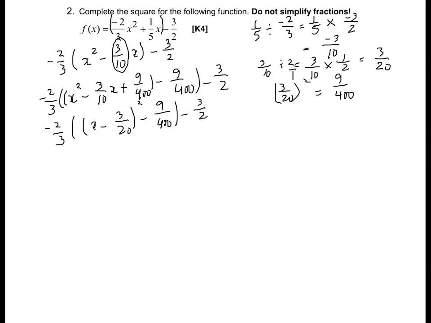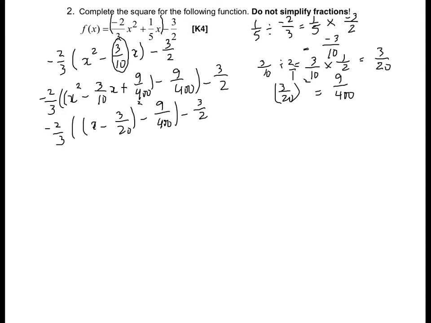Now the reason is that x minus 3 over 20 squared is x squared, and then 3 over 20 squared is 9 over 400. Then 3 over 20 times x gives you 3x over 20, and then multiply by 2, you get negative 3 over 10 x, which is what we are looking for.